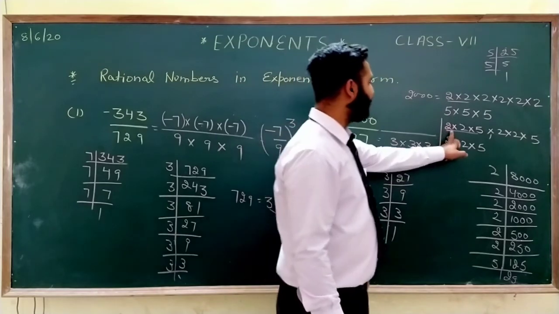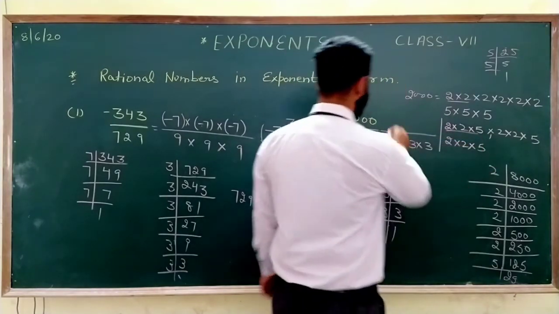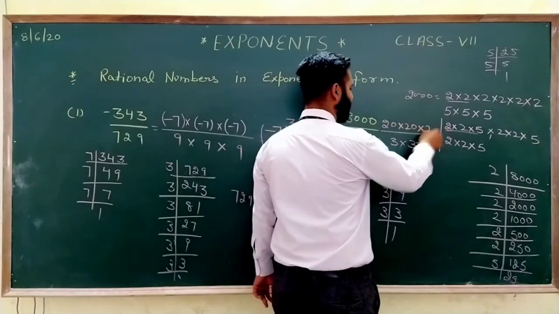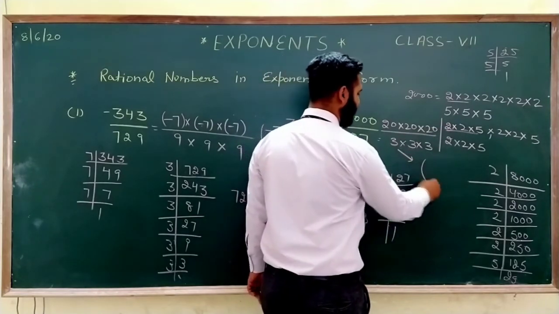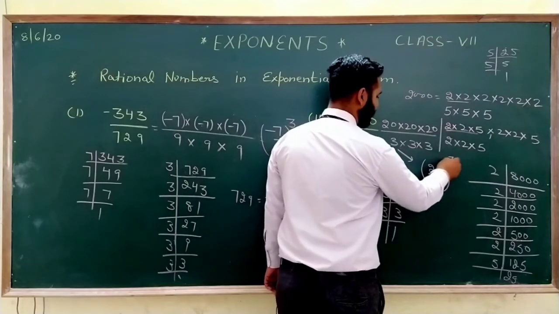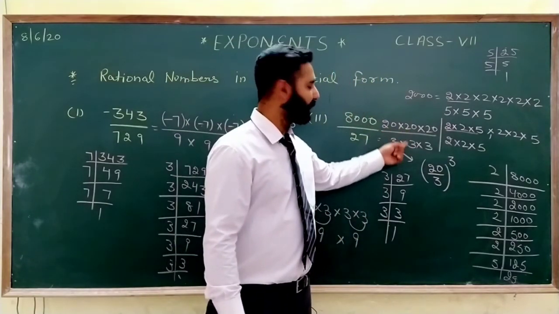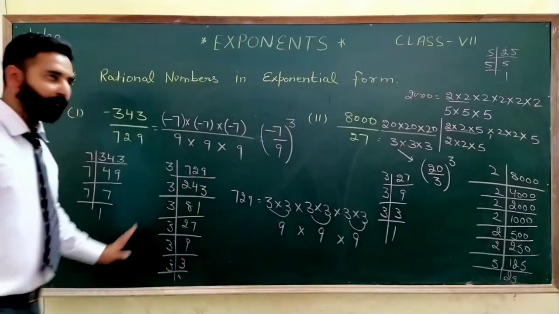So what will it become? 2 into 2, 4, 5, 20. So it will become 20 multiplied by 20 multiplied by 20. So you can write it as 20 upon 3 whole cube, because both are multiplied 3 times by themselves. Fine. I hope it is clear to you.